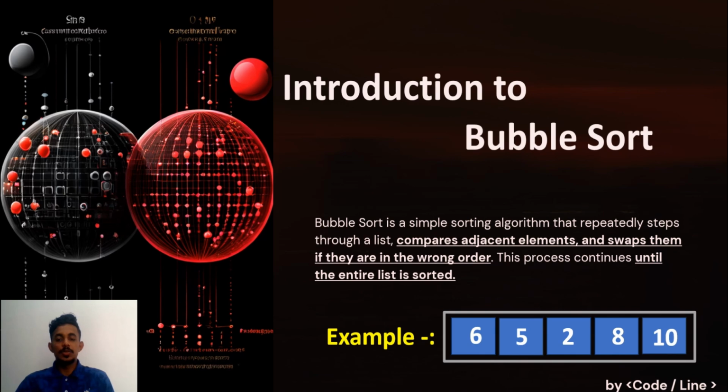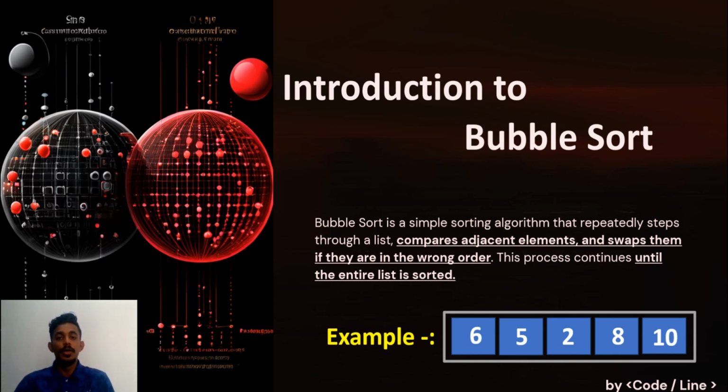Bubble sort compares adjacent elements and swaps them if they are in the wrong order until the entire list is sorted.